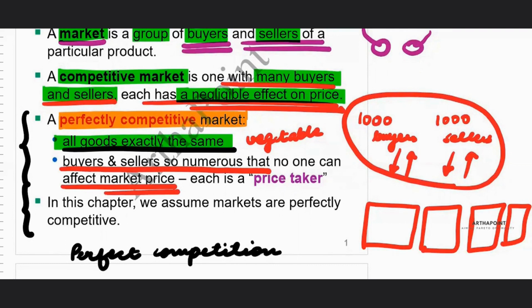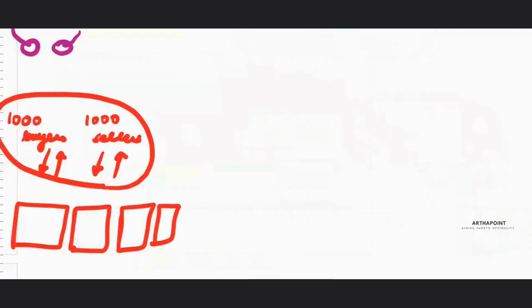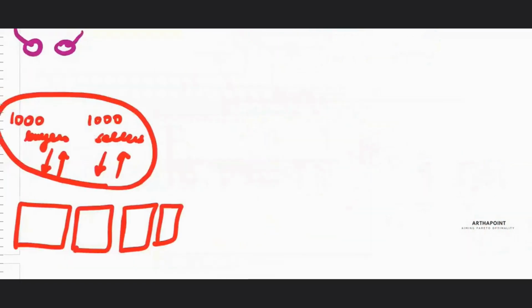And because there are so many people who are buying and selling the product, each individual in themselves is a price taker. So there are two kinds of individuals in a market. One is known as a price taker, and the other is known as a price maker.